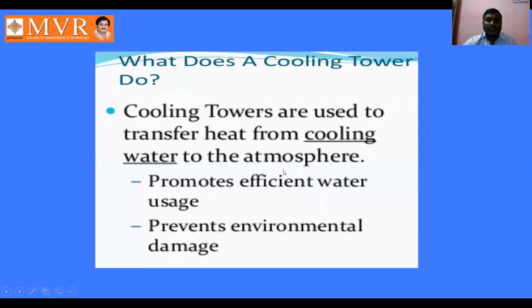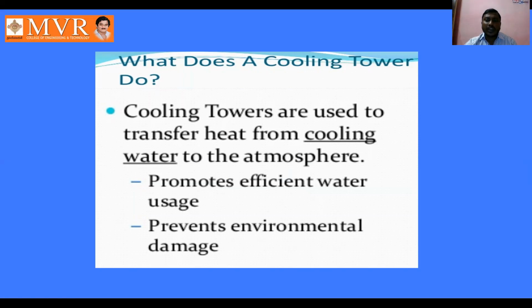See, in the natural draft cooling tower, as well as in the forced draft and the induced draft cooling tower, the procedure is the same, but in the natural draft, the air enters into the cooling tower directly without any external agent, such as fans.